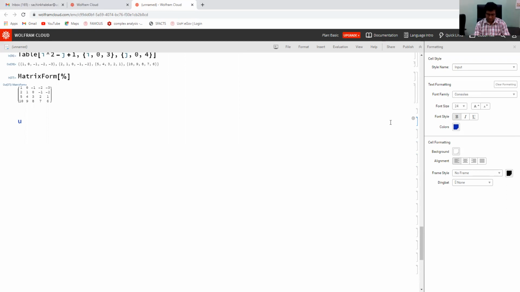First vector is u equal to, say, 1, 2, 3, 4.